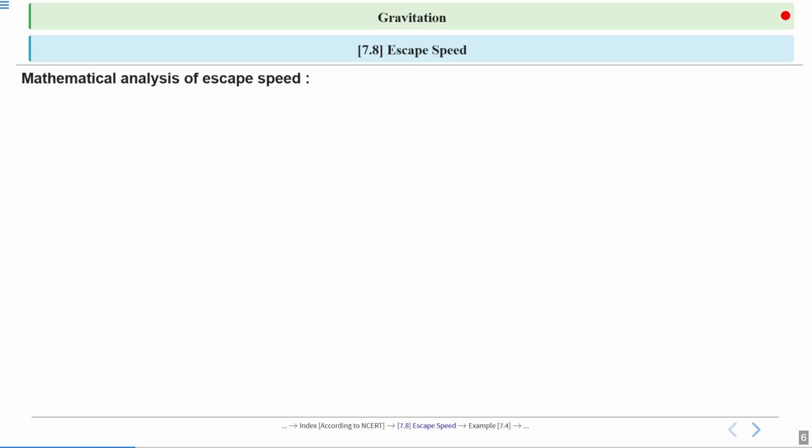Now we will dive into the mathematical analysis of escape speed. This is an important concept in physics that helps us understand how an object can break free from Earth's gravitational pull. We will explore the energy dynamics involved in this process.